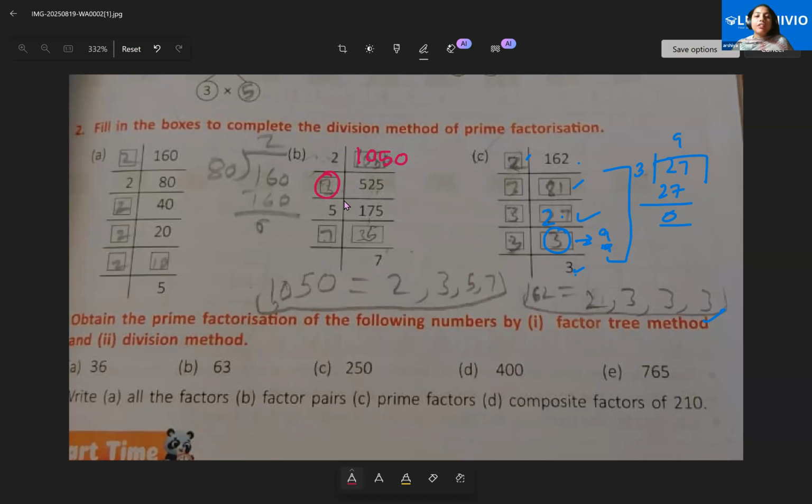Because if we divide 525 and 5, we're getting a different number. Give me one second. Okay, yeah. How are we getting 3? That's the question. We are getting 3, that's correct.